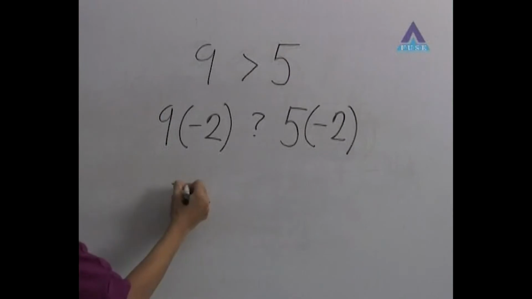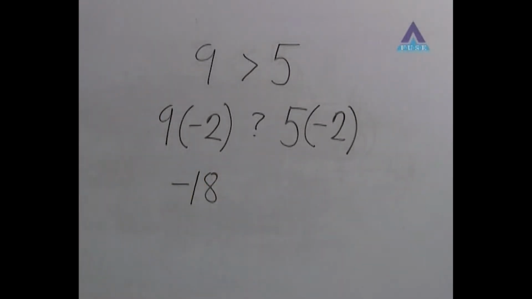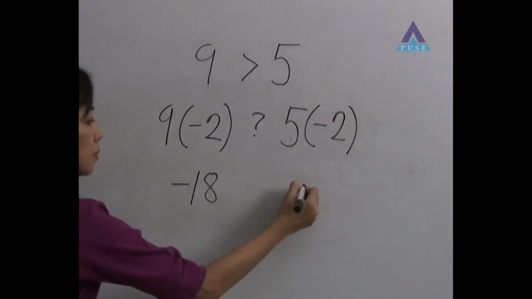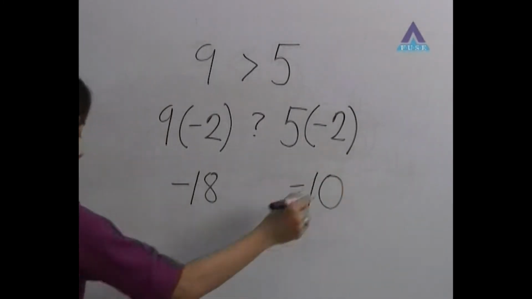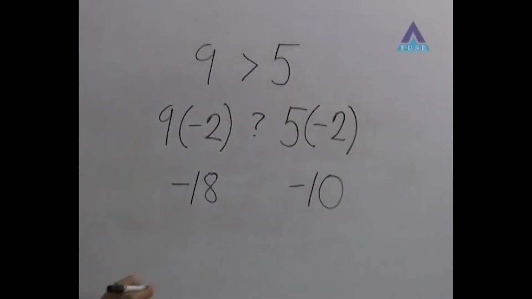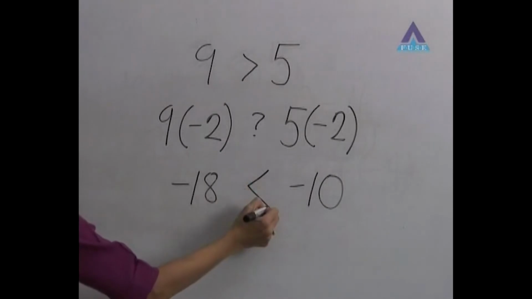Negative 18. How about 5 times negative 2? Negative 10. Is negative 18 greater than or less than negative 10? It's less than. Oh, the order of the inequality is reversed. So I was wrong.